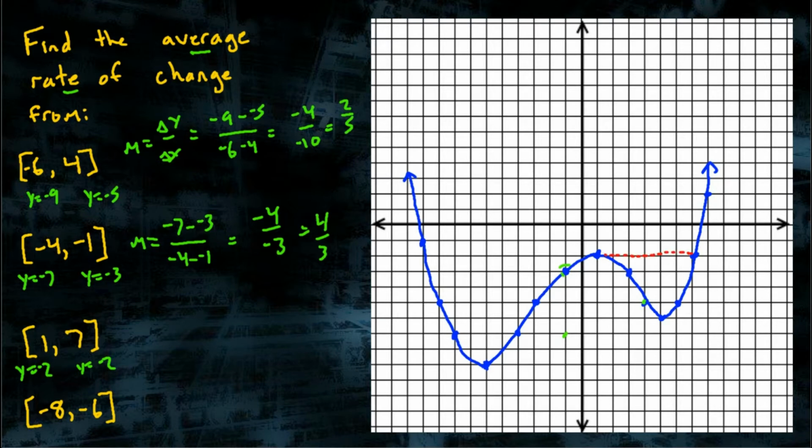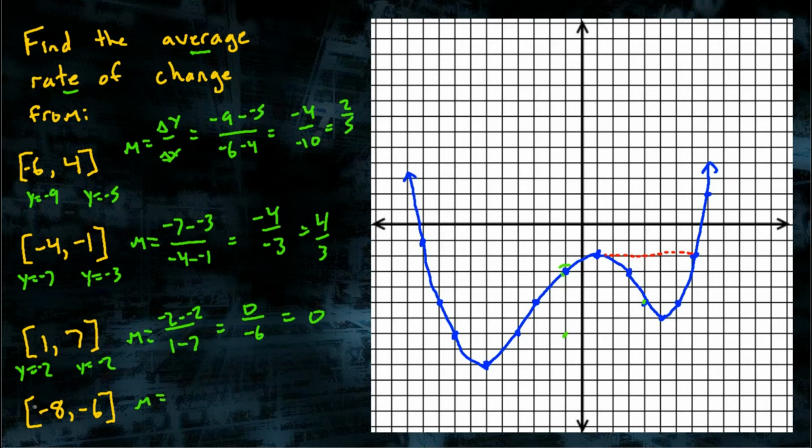So I would expect its rate of change to be 0, because the slope of that line would be 0. So our slope, change in y, that's -2 minus -2, all over 1 minus 7. So that's going to be 0 over -6, which is 0. So yeah, our rate of change is 0 because this is just a flat line.